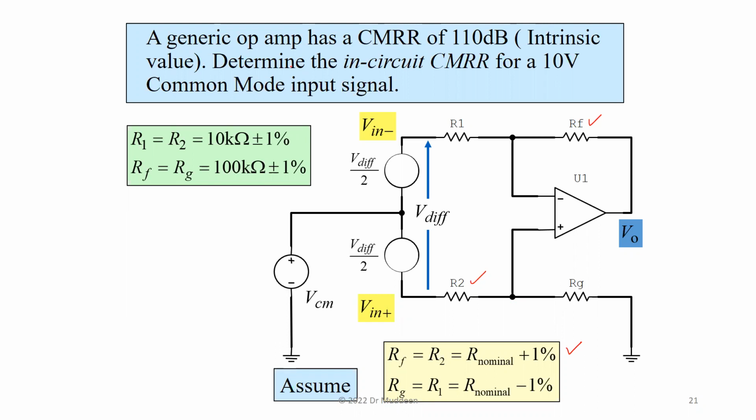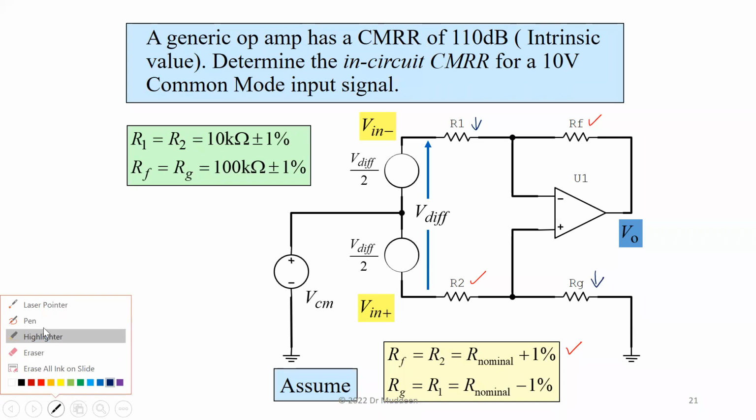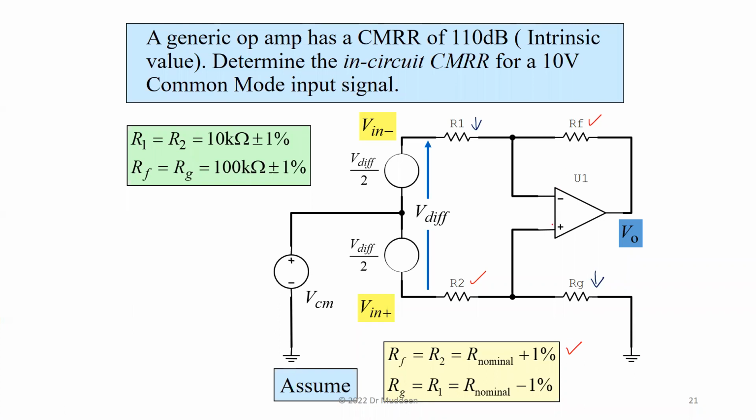It could assume any value in between. And suppose R1 and RG go down by 1%, and RF and R2 go up by 1%.